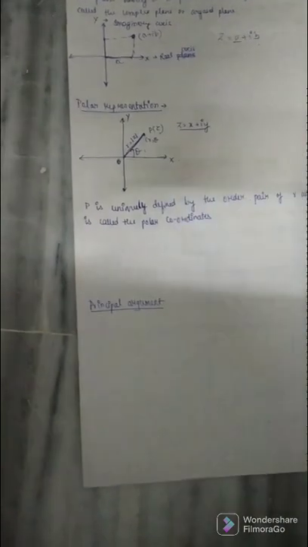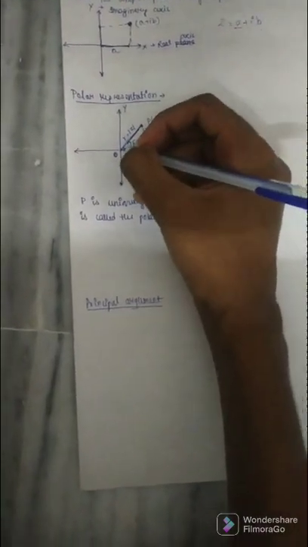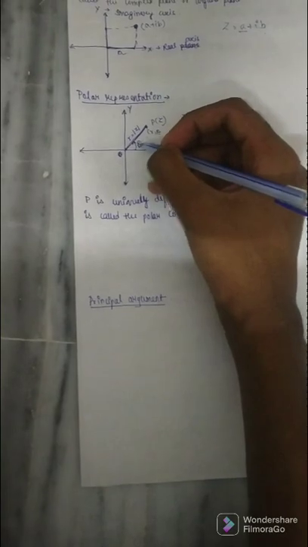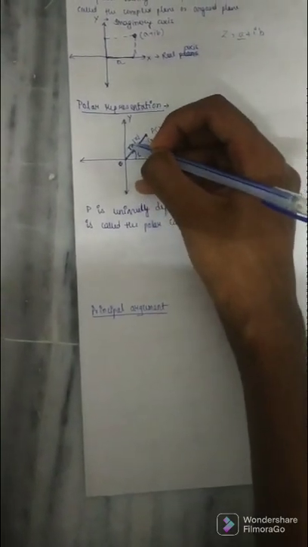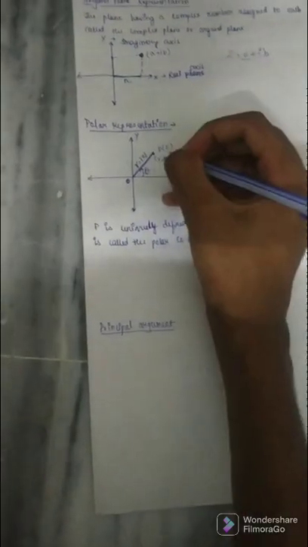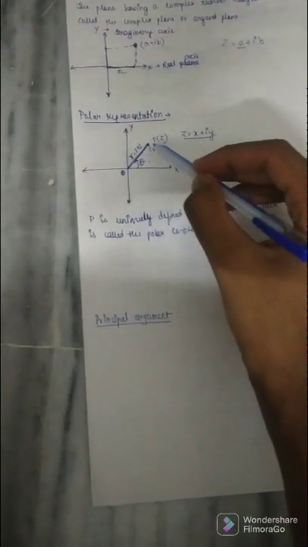Then we join it by a line to the origin, making an angle theta with the positive x-axis or the real axis. Let us assume that this distance is r. The point P continuously changes as r and theta vary.